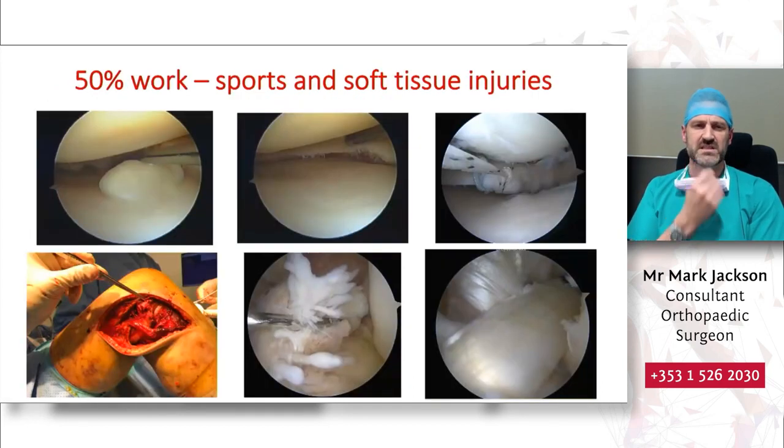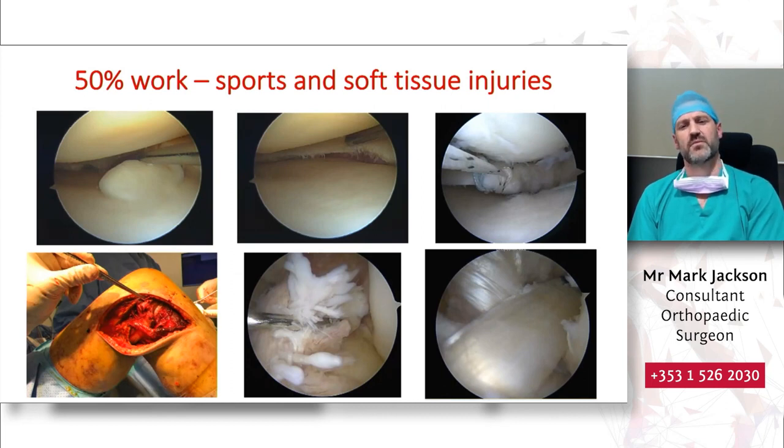So my work is split. 50% of the work I do is predominantly sports and what we call soft tissue injuries, which incorporates the anterior cruciate ligament injury. So the top three pictures here are with a camera in the knee, and that's just looking at cartilage type problems. The bottom right picture and middle picture here are actually a cruciate ligament tear.